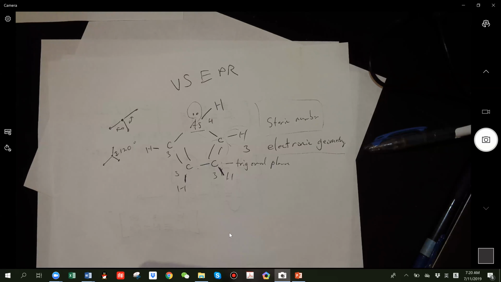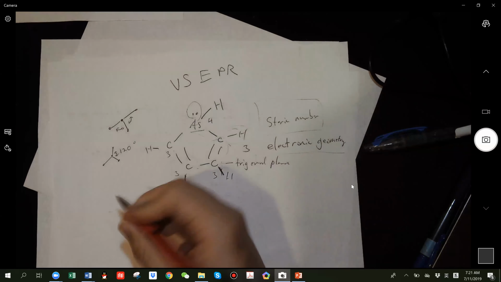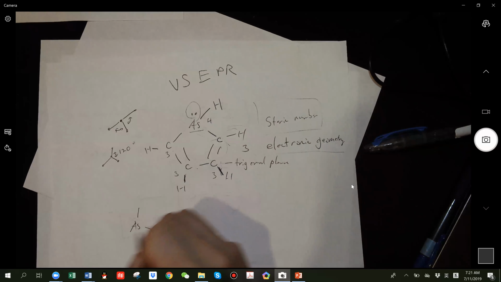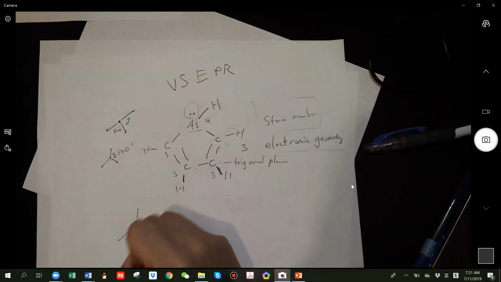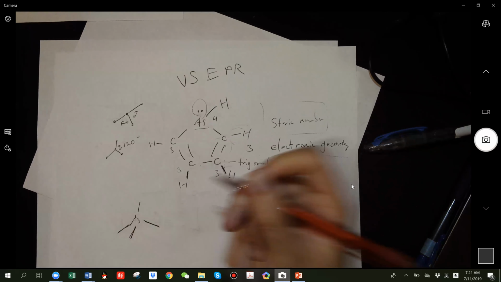All right, so we also need to consider the lone pair though. When we consider the lone pair, what's the overall geometry for a steric number of 4? It's just tetrahedral. So I'll draw a tetrahedron. Does everyone see how this is a tetrahedron? What's a tetrahedron shaped like?